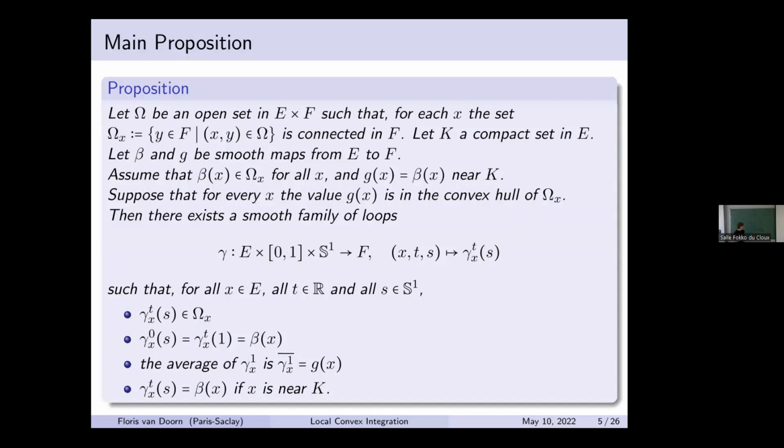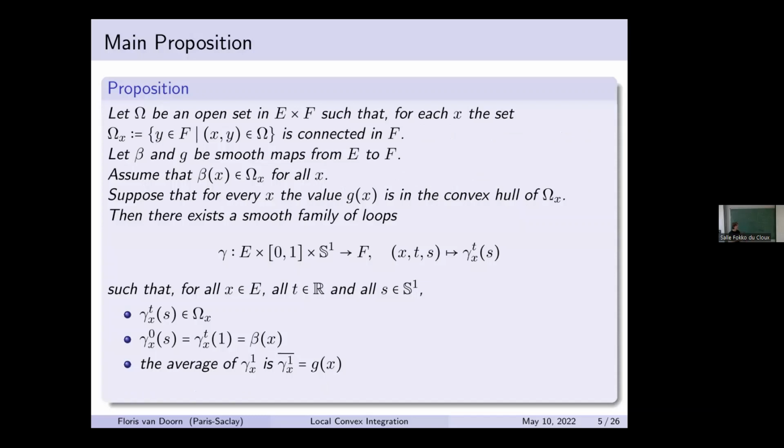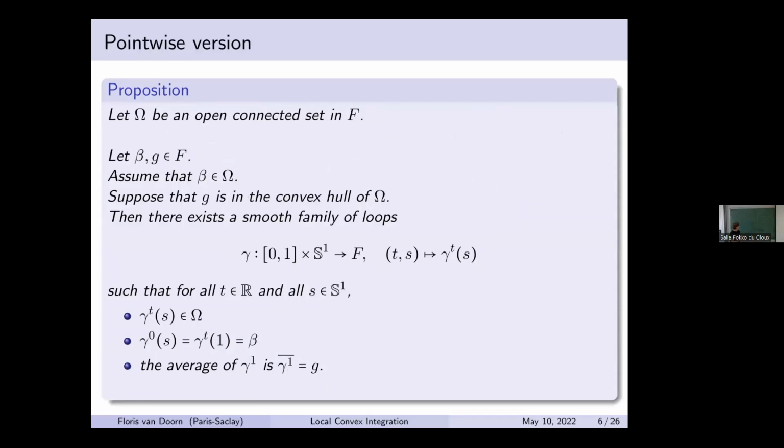And so the tricky thing, to simplify, let's focus first on one specific x, because this is way too much information. So I'm going to remove the K again, and I'm also going to remove the x from the proposition, and now it already looks quite a bit simpler.